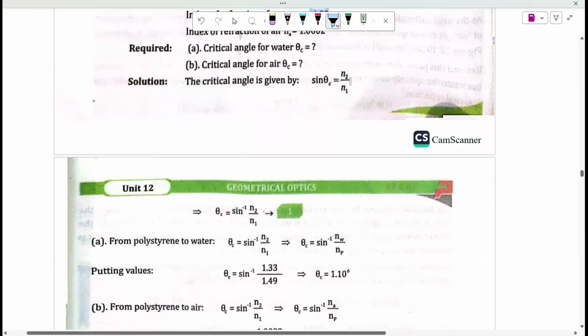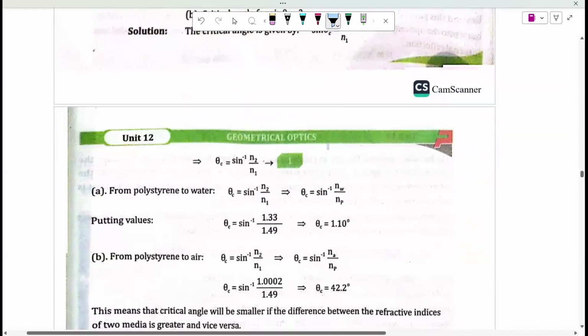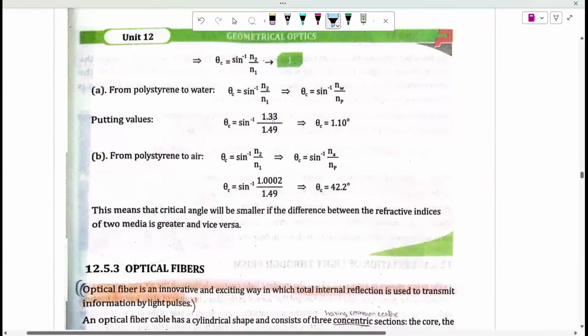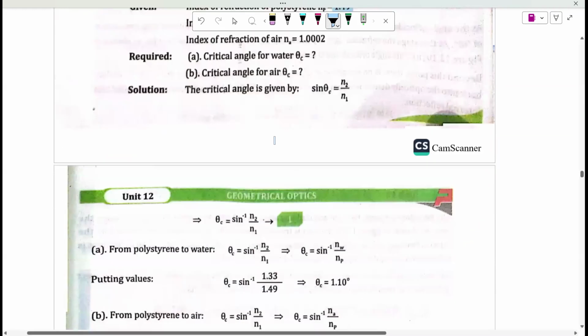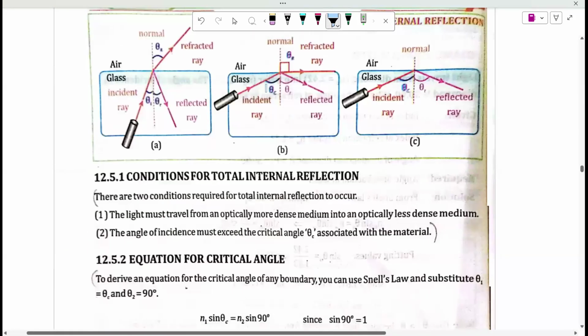Anyhow, critical angle find out करना है. N2 would be considered as water and N1 would be considered as polystyrene. हम लोग values put करेंगे. Sin inverse 1.39 over 1.41, critical angle is about 80 degrees, which means if I keep this angle at 82, my light will be totally internally reflected. वो water में enter नहीं होगी.